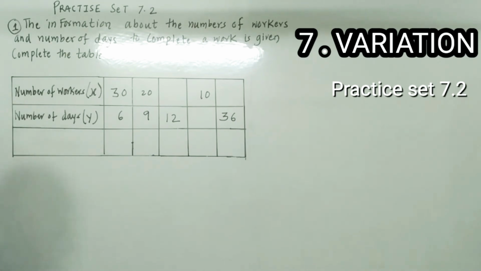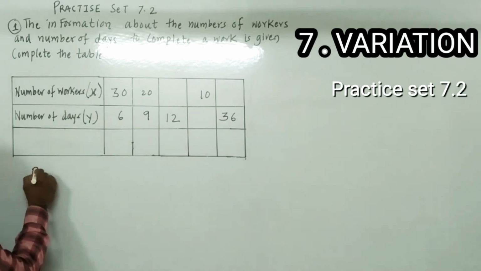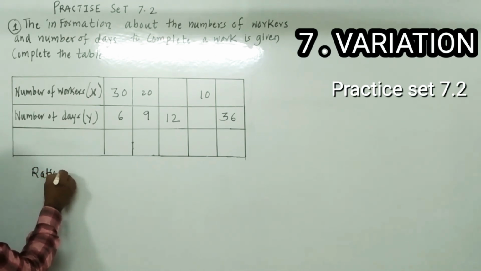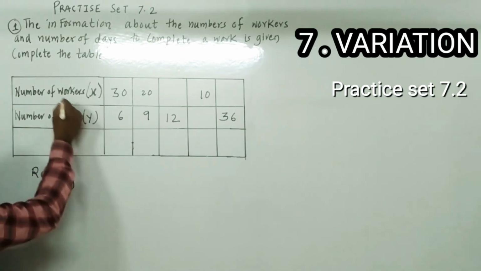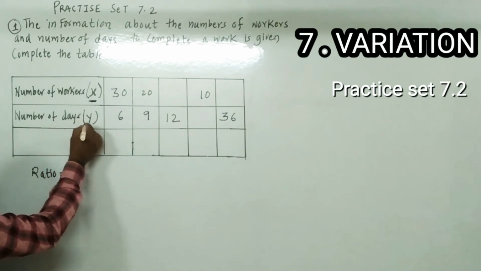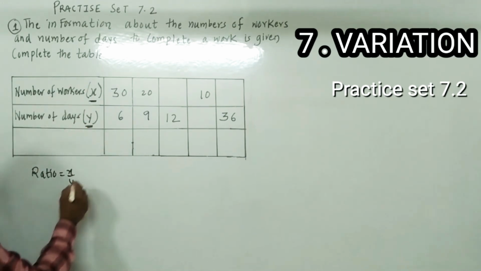First we have to check whether the example is based on inverse variation or direct variation. For direct variation, the ratio is constant, and for inverse variation, the product is constant. So first let us check the ratio of these two quantities. Let the number of workers be x and the number of days be y.